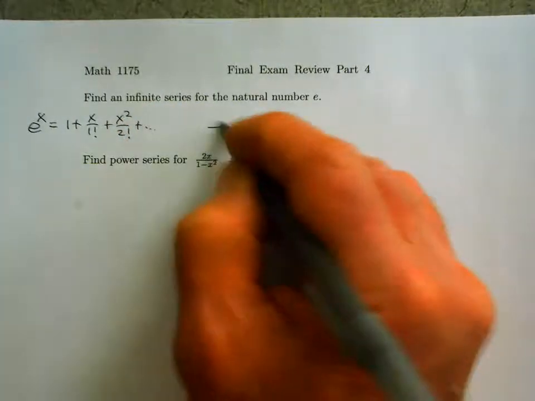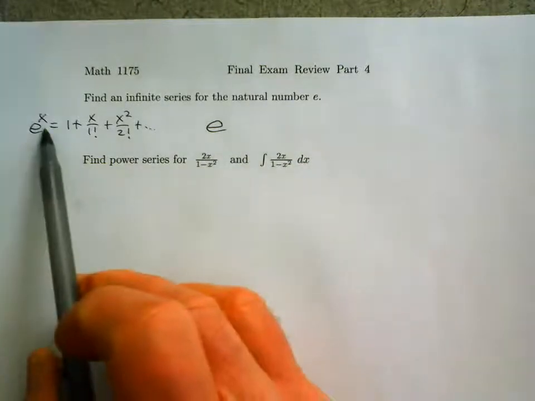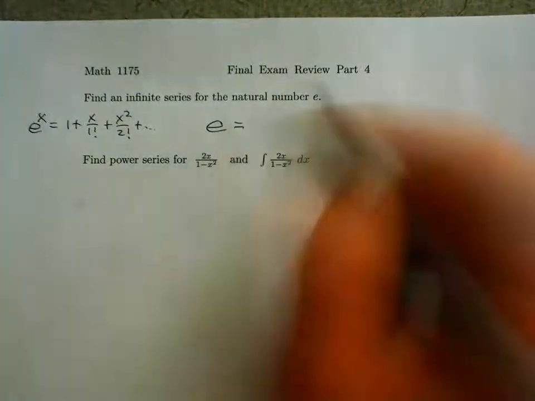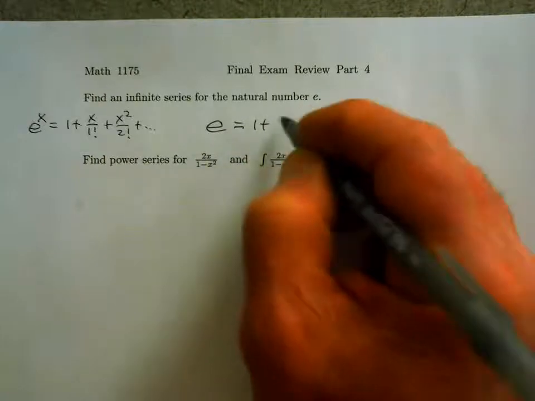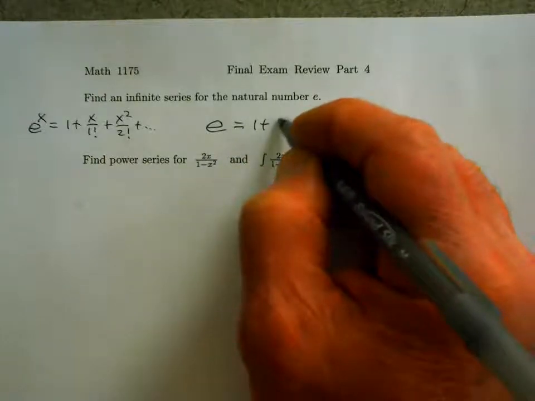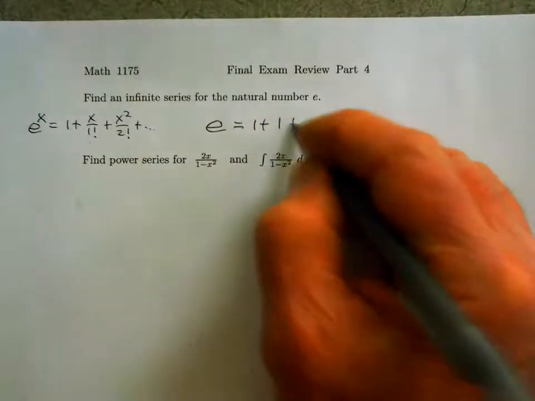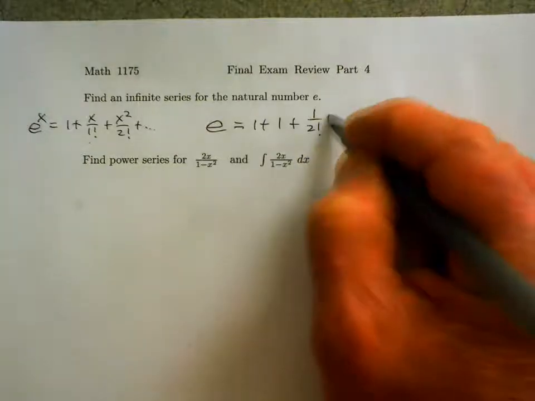So the number e just is e to the first. So in this Maclaurin series for e to the x, just replace x with 1. So we get 1 plus 1 over 1 factorial is 1, and then plus 1 over 2 factorial, and so on.